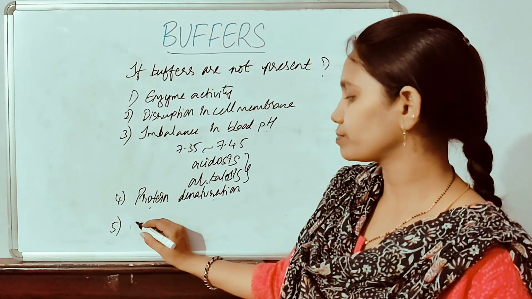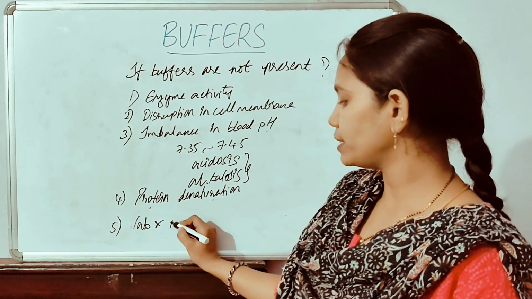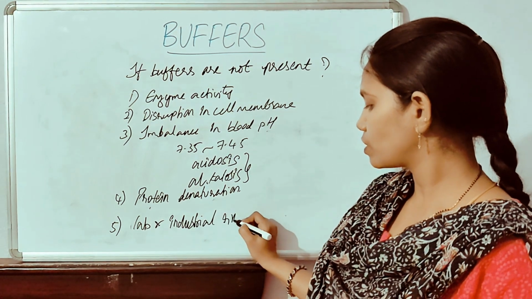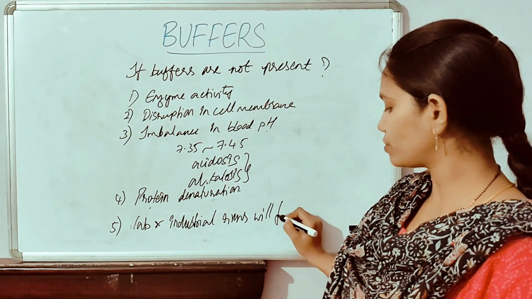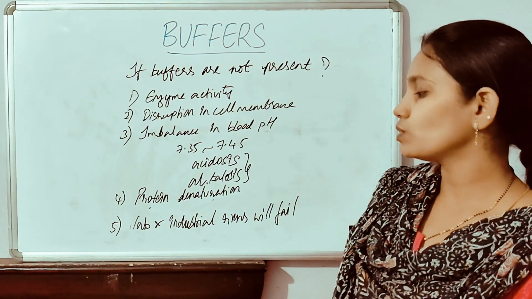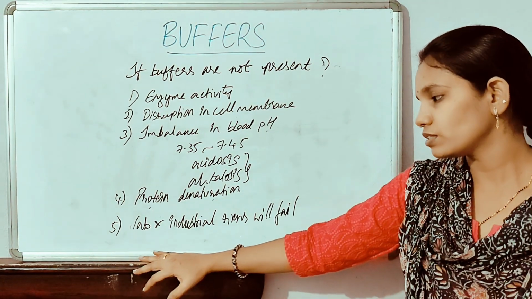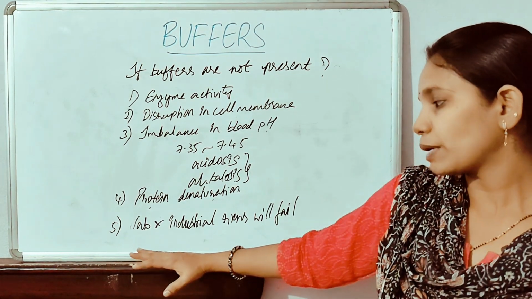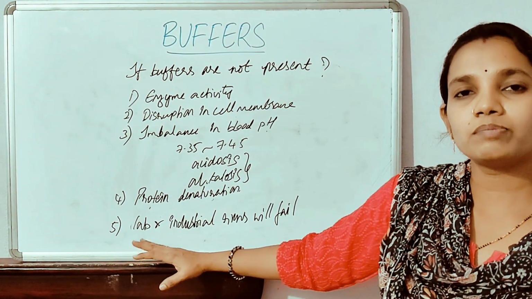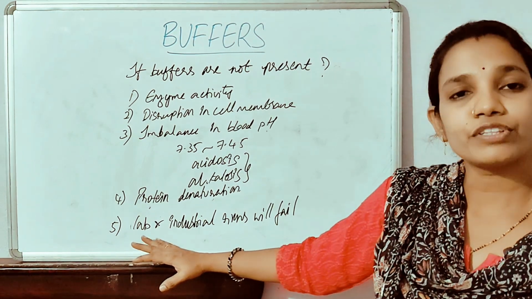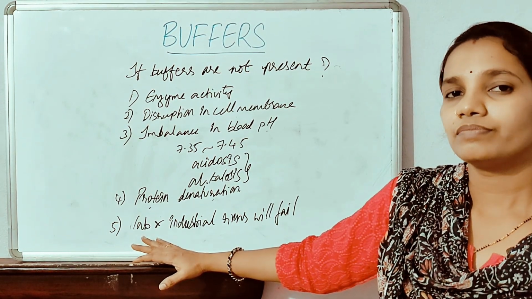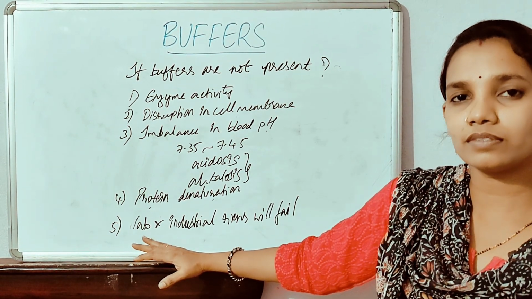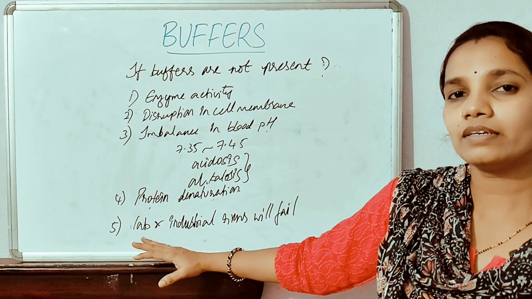Fifth, lab and industrial reactions will fail. In labs and industries, especially food industries, chemical reactions all depend upon specific pH. So without buffers, the chemical reactions will give unreliable results, or they stop reacting completely.